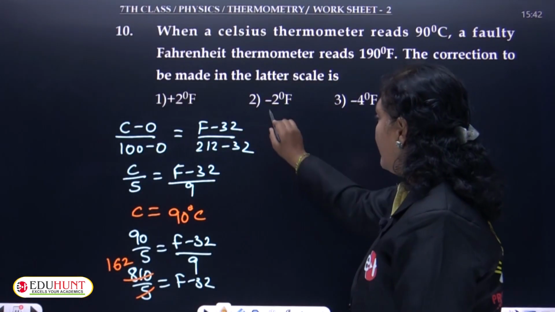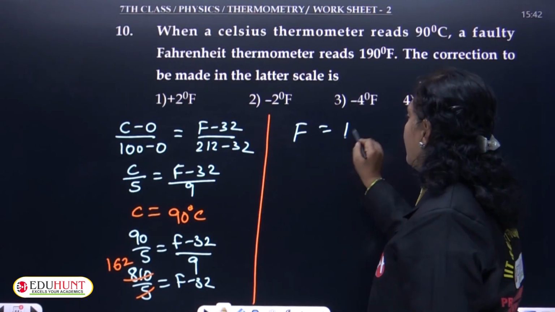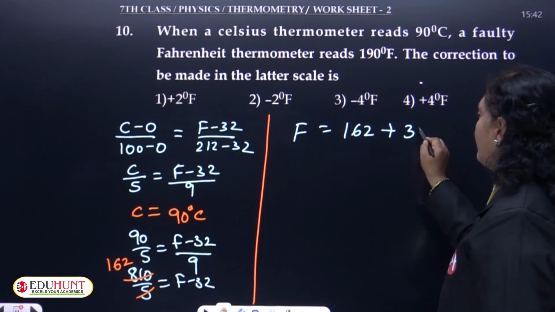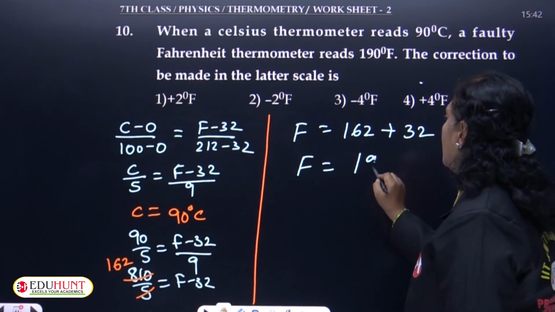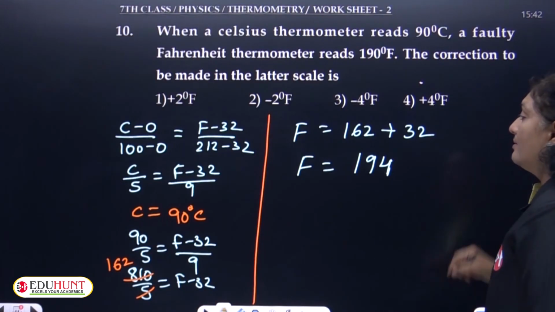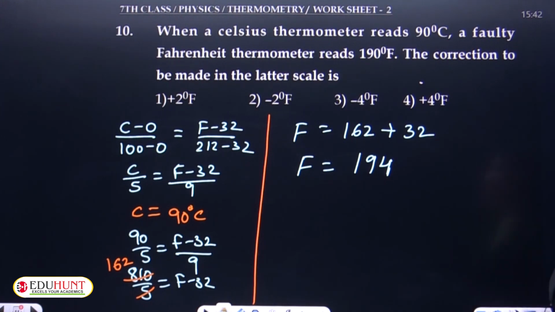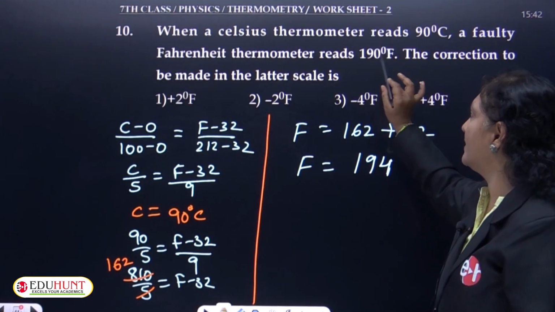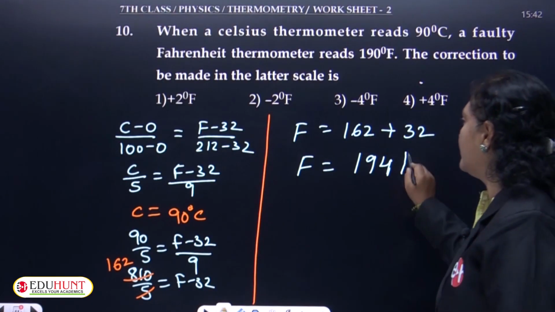So if the value of F minus 32 is found to be 162, the value of F must be equal to 162 plus 32, and hence the value of F is found to be 194 degrees. So the Fahrenheit scale must show a reading of 194 degrees F, whereas according to the question, the faulty Fahrenheit thermometer shows a reading of 190 degrees.